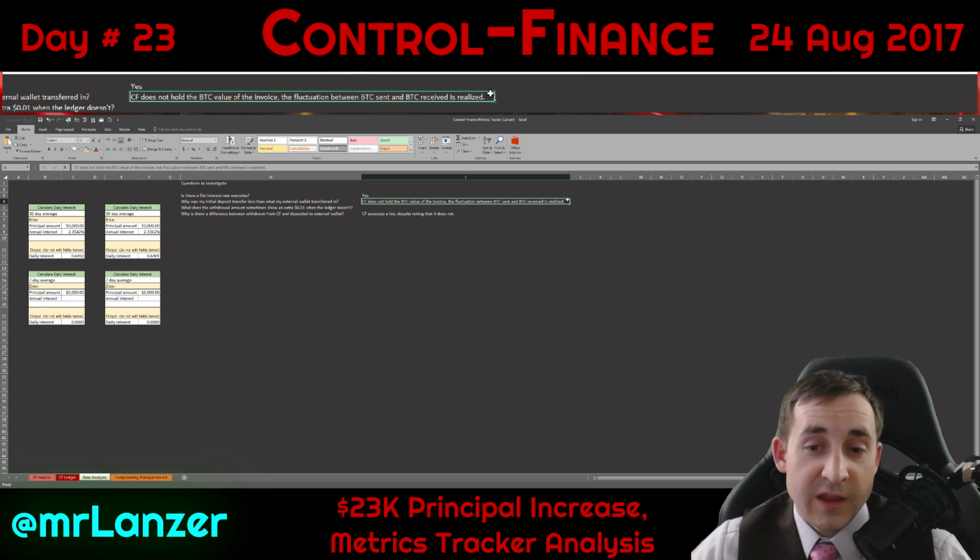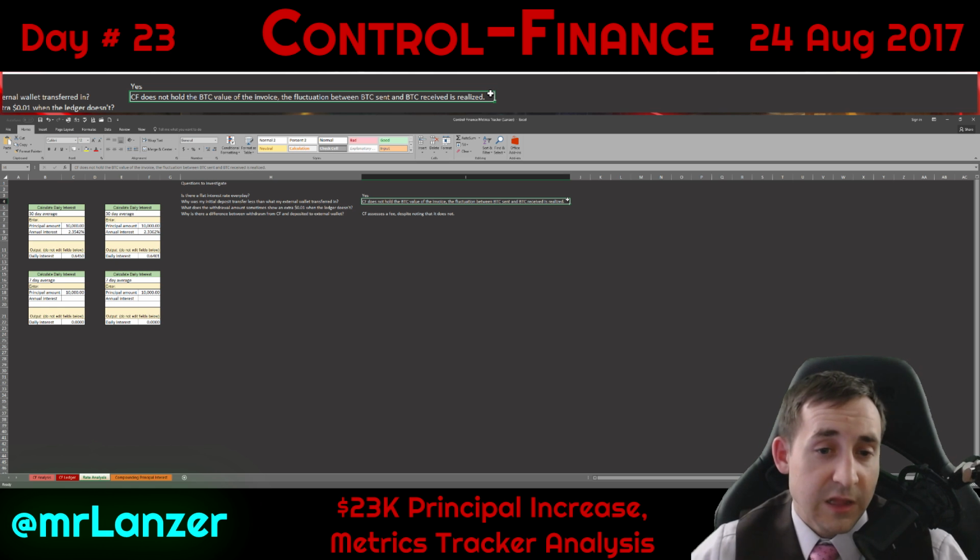That means any fluctuation that happens from the time you send Bitcoin to when it is received carries over into the received amount. Control Finance has no way to freeze the amount of Bitcoin that it says it wants from you. So the 3% bonus comes in pretty handy there and bumps you over slightly.